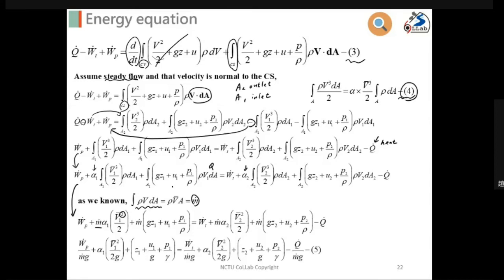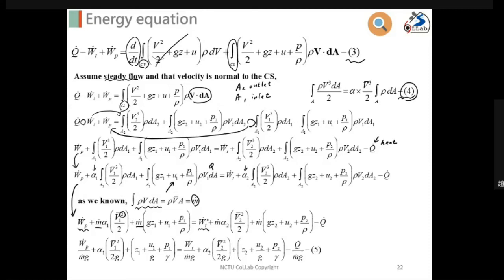we pull out the velocity for rho V dA, so we only have V squared here, and there is the mass flow rate. And for this item, we have the mass flow rate, and inside is the energy per unit mass. And this is the pump, and there is a turbine.